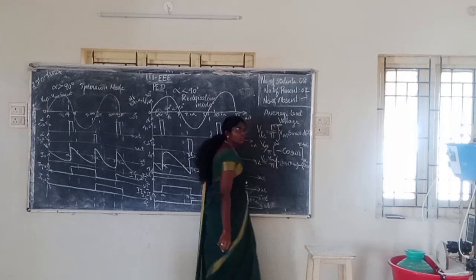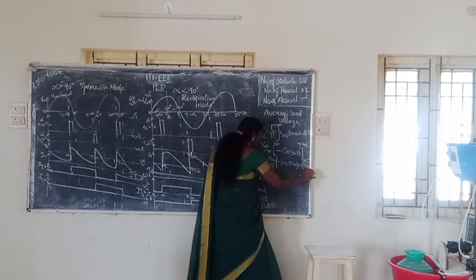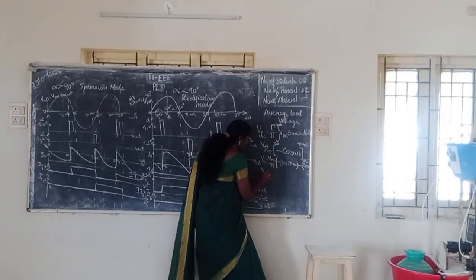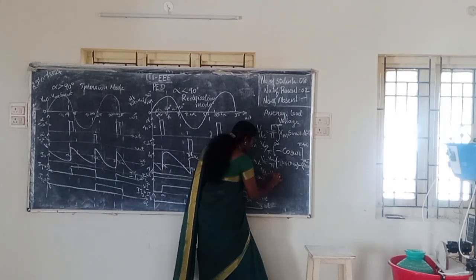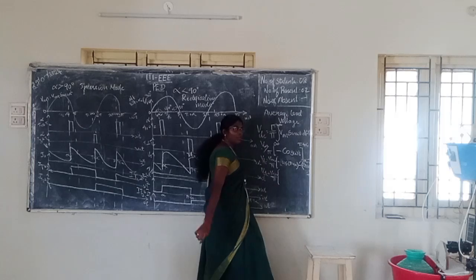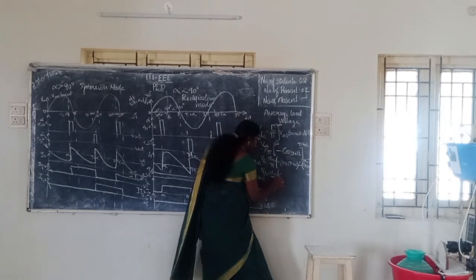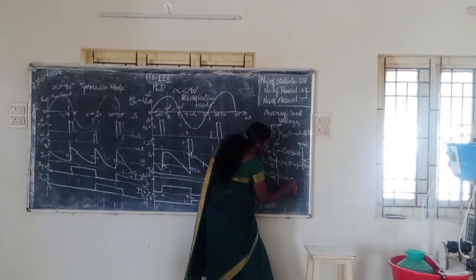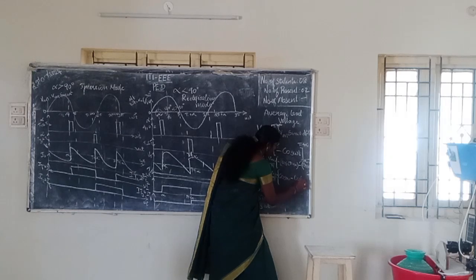So VDC is equal to Vm by pi. Minus with minus becomes plus, so I am writing cos alpha minus cos of pi plus alpha.